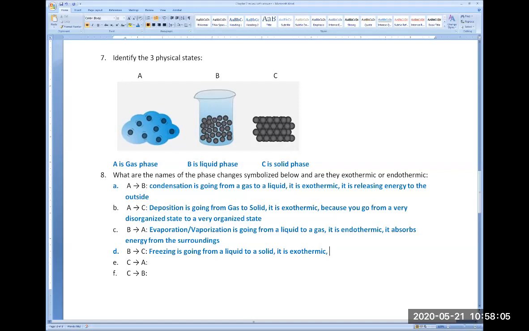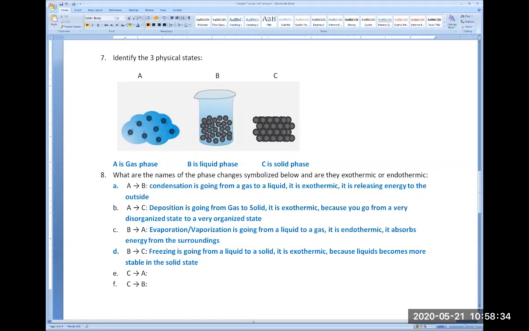because liquids become more stable in the solid state. There are more forces of attraction that hold the molecules together and don't allow them to roll around anymore.